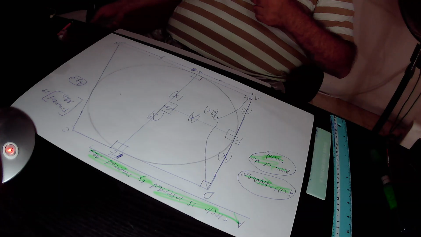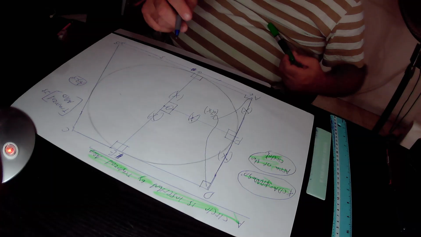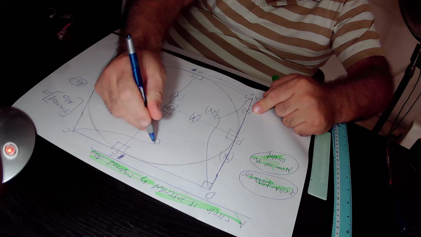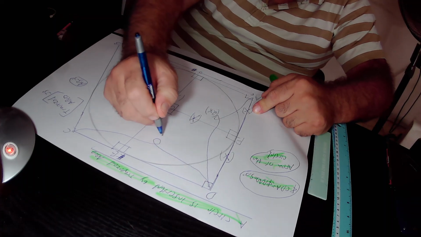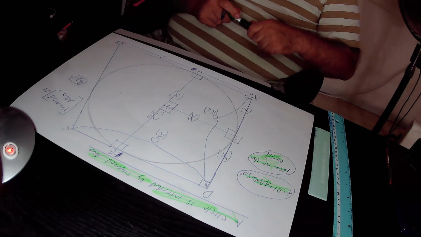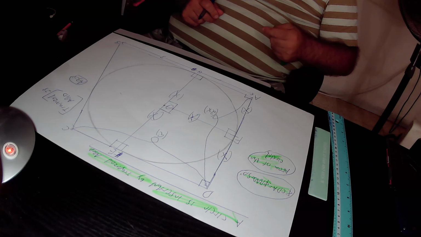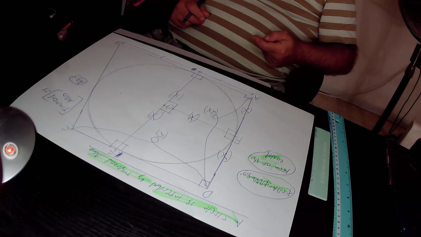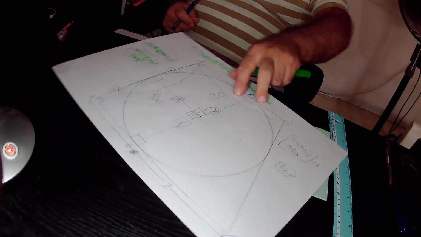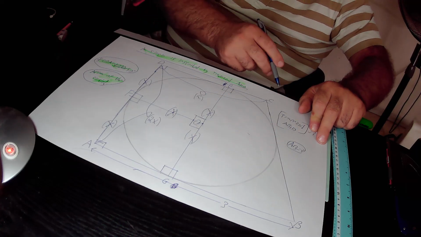In the next step, we will define the length of side DC as A. I already proved in the previous lecture that DA plus CB equals DC plus AB.